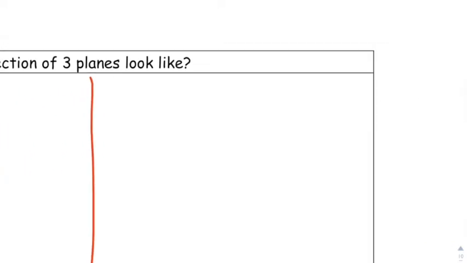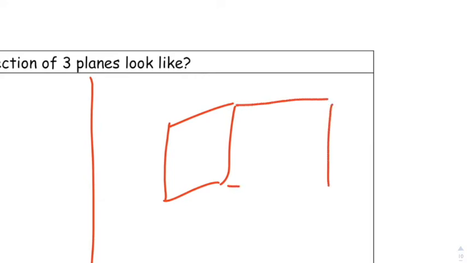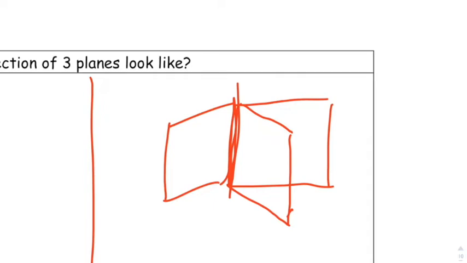Another example I like to think about is a book. Imagine you're holding a book and you've fanned out some of the pages. It's not the best picture here. It's kind of hard to draw things perfectly on Notability. So imagine you open up the covers and then you've got a couple pages there. These three planes intersect in this line right here.